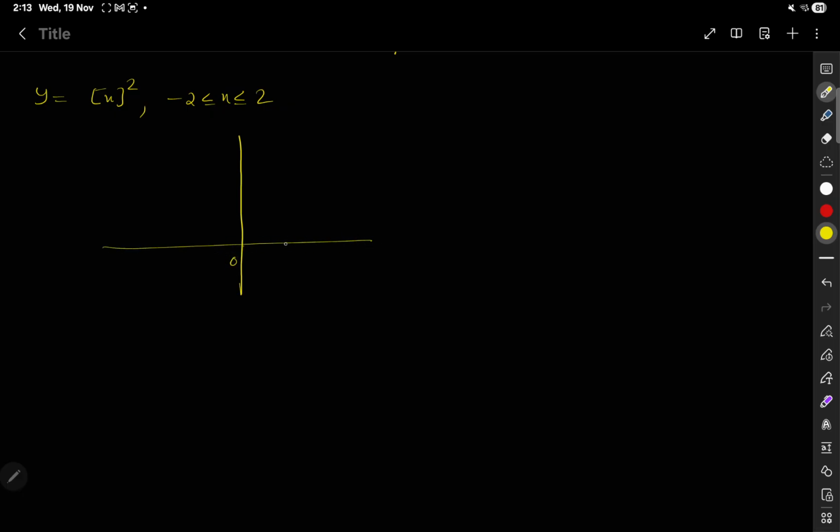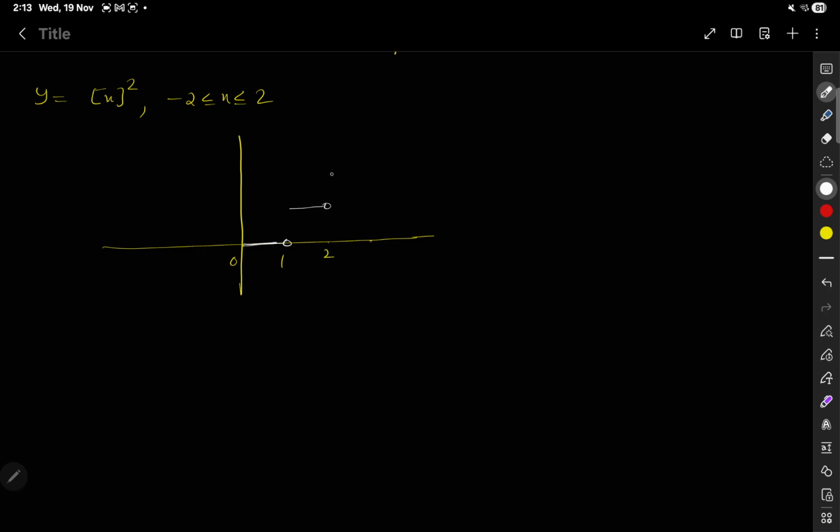When x is from 0 to 1, what is step x? 0. So what is its square? 0. So what is the graph? 0. At 1, what is the value? 1. For 1 to 2, step x is 1. What is its square? 1. So that's it, just 1 over.